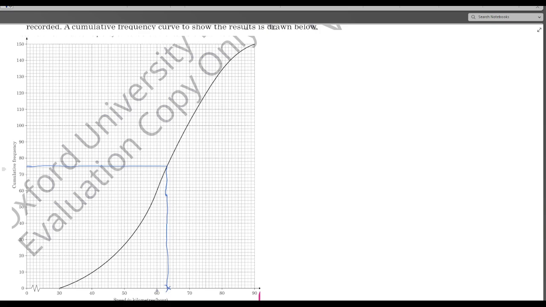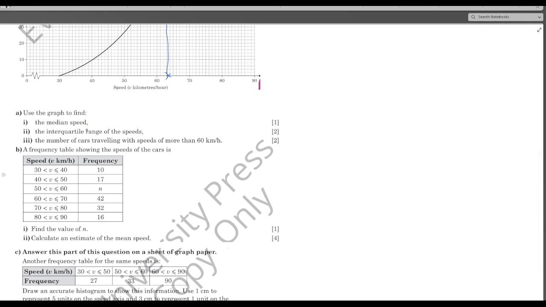Now this is 60. From 60 to 70 there are 10 lines, so it is 61, 62, 63. So your median speed is 63 kilometers per hour.